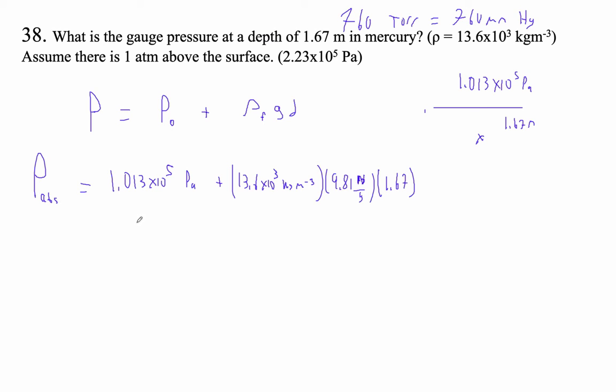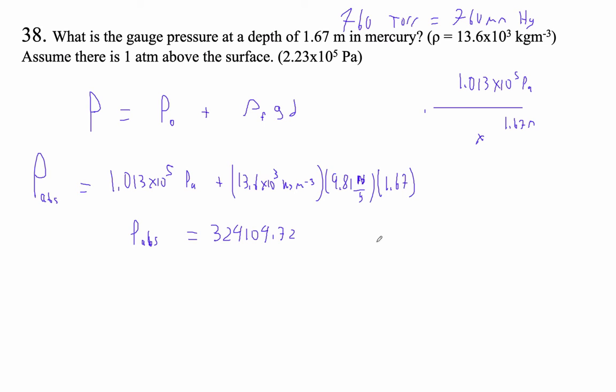1.013 E to the fifth, plus 13.6 E3 times 9.81 times 1.67. And I get that the absolute pressure is equal to 324,104.72.